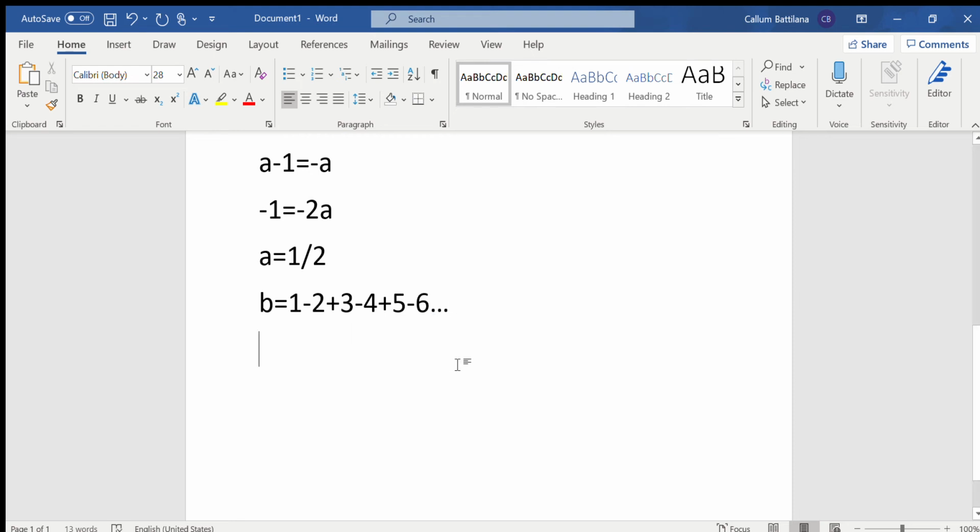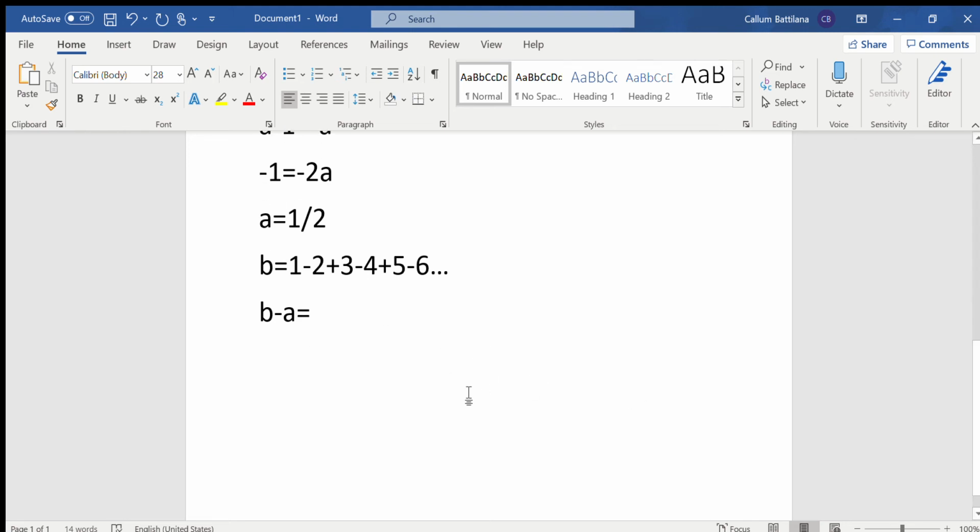Now all we need to do to be able to solve for beta is that we subtract beta from alpha. So if we subtract beta from alpha, well, what do we get?